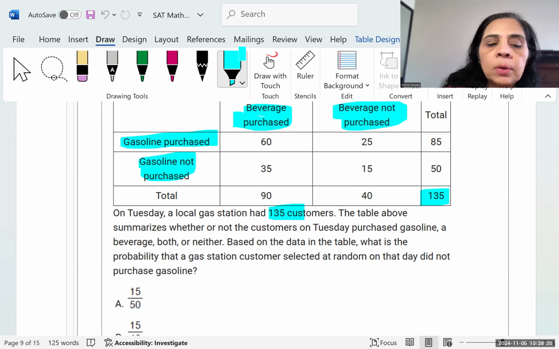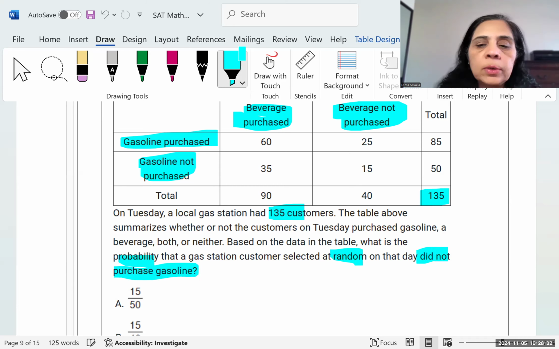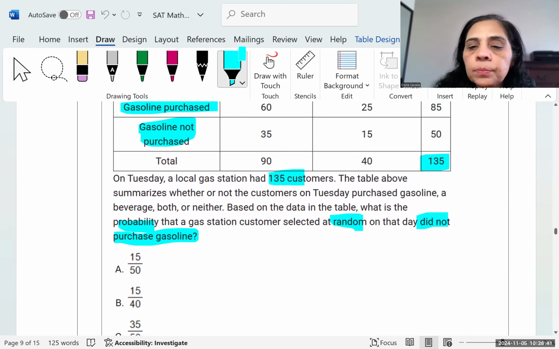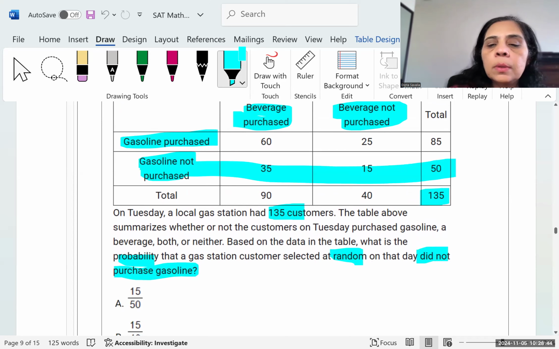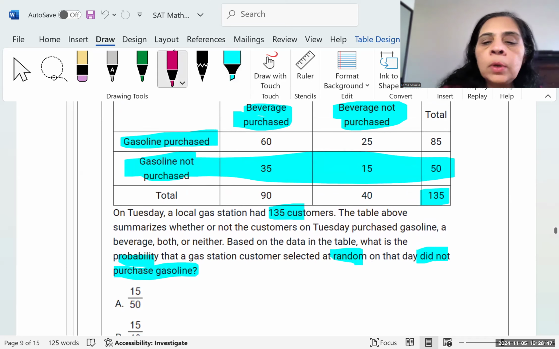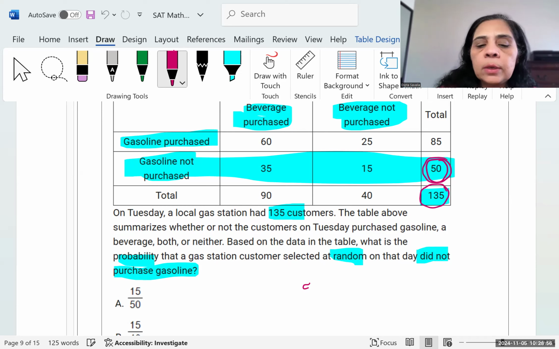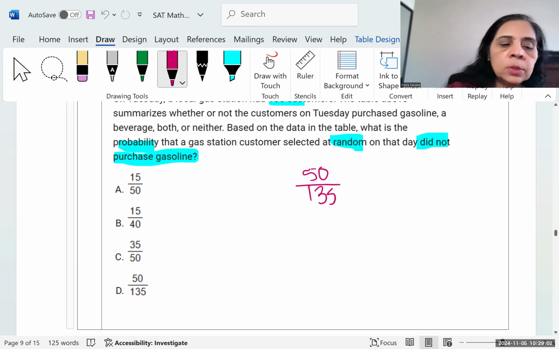Based on the data in the table, what is the probability that a gas station customer selected at random on that day did not purchase gasoline? How many did not purchase gasoline? We are talking about this, right? Only one way we have. So 50 people did not purchase gasoline, and the total is 135. So we have answer choice D.